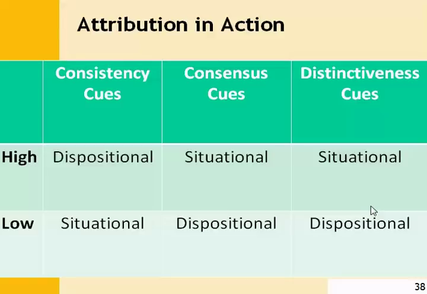But if there is low distinctiveness, meaning the person engaged in this behavior across different situations, then the cause is related to this person's personality, so the cause is dispositional. This is a good table for you to summarize the idea of the attribution cues.